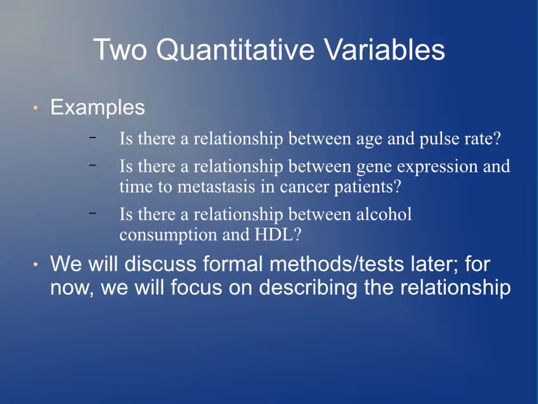Or is there a relationship between gene expression and time to metastasis in cancer patients? In this case, you have one quantitative variable and you want to see if it's related to another quantitative variable. And so for the next several lectures, we'll be discussing methods and tests to see if such associations are real, and also describe how strong such an association might be.